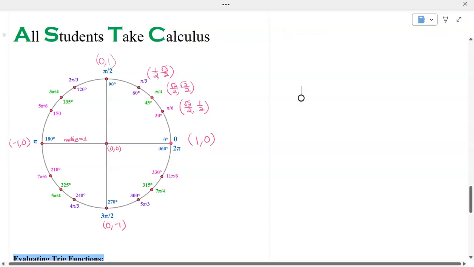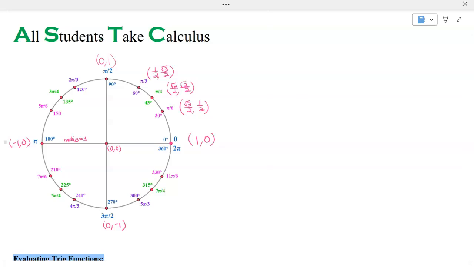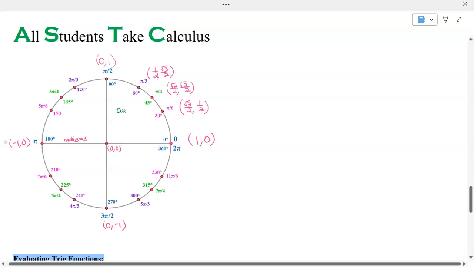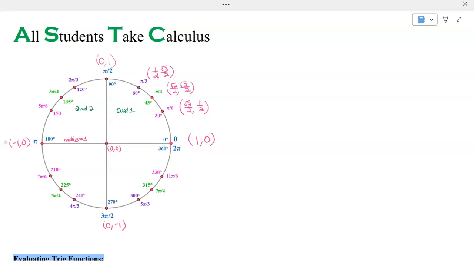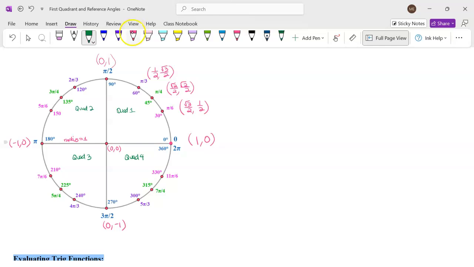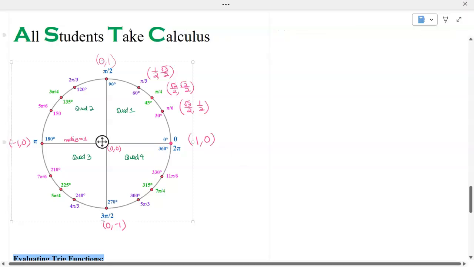Now, before we talk specifically about that, I do want to identify each quadrant. I have referenced them, but this one right here is going to be quadrant 1. And then to the left, we have quadrant 2. And down below, we have quadrant 3. And lastly, we have quadrant 4. Now, this acronym, all students take calculus.